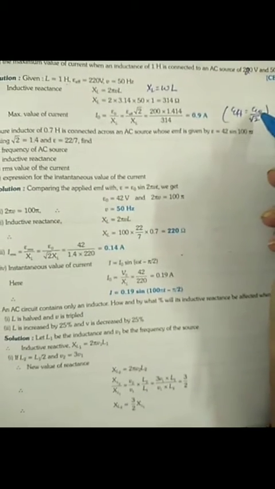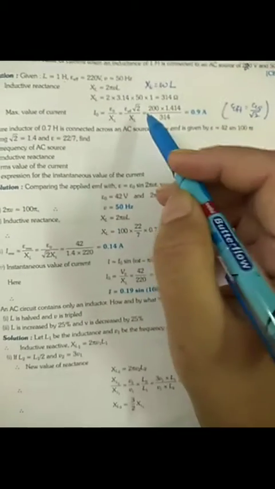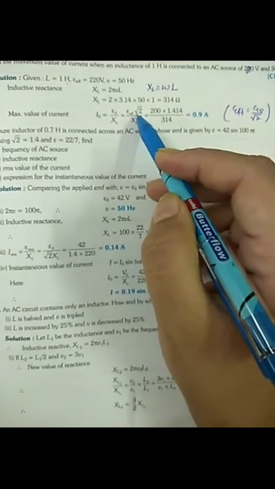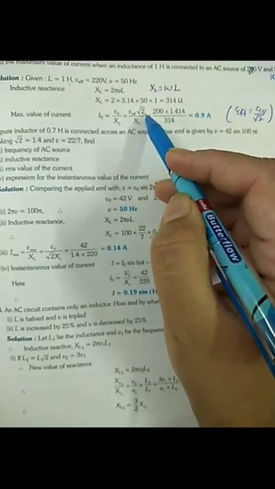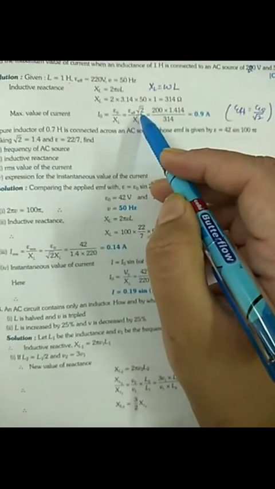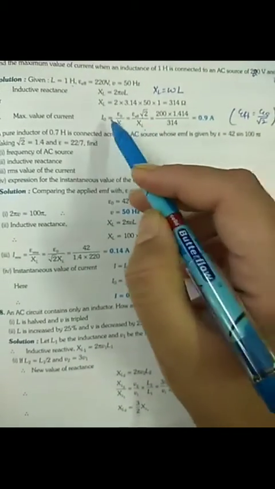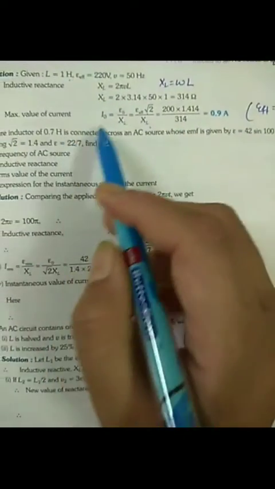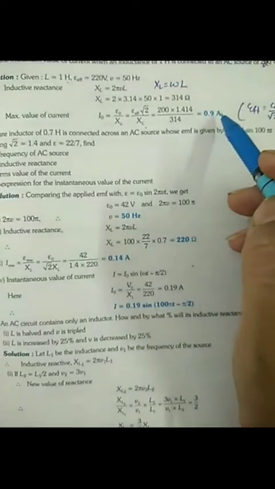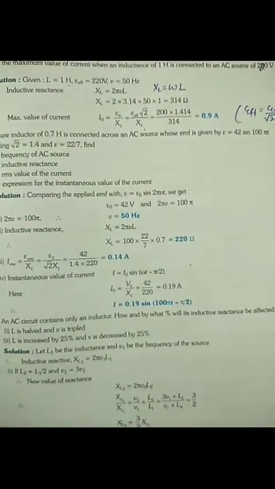So from here epsilon naught is written as under root 2 epsilon effective. So I naught is equal to under root 2 epsilon effective upon XL. On substituting the values and solving further, we will get I naught equals 0.9 amperes.